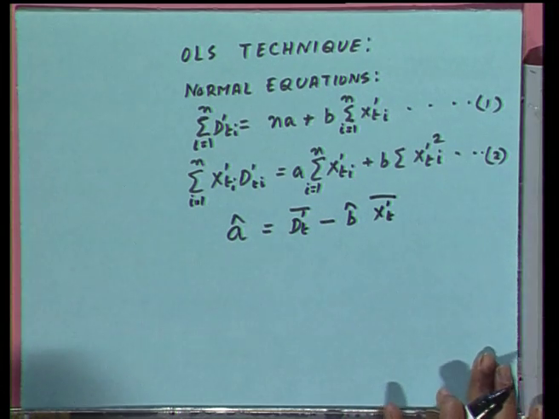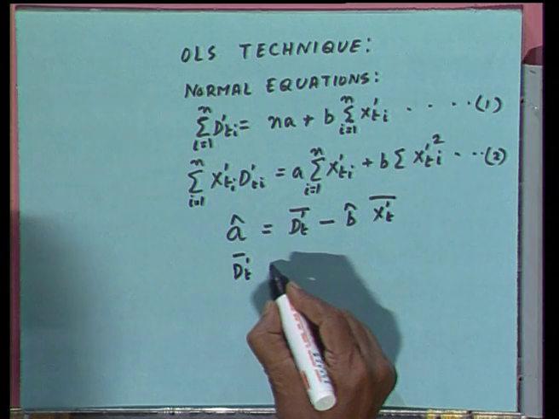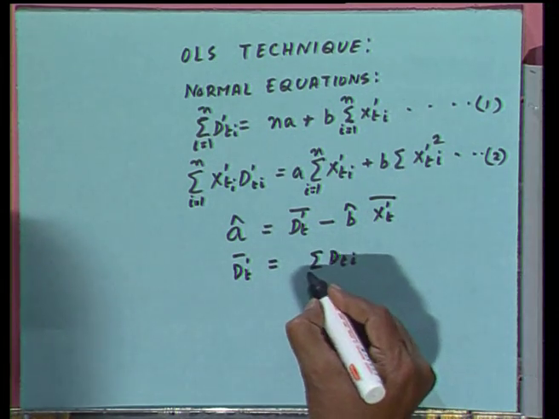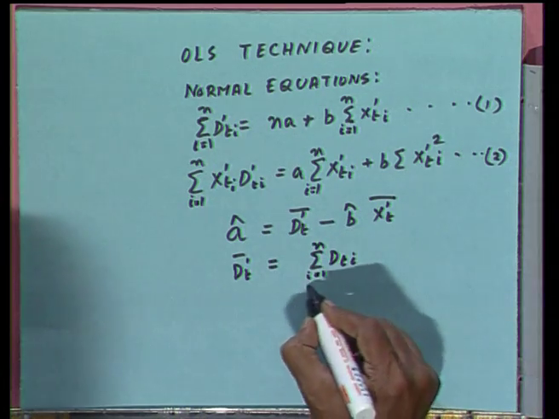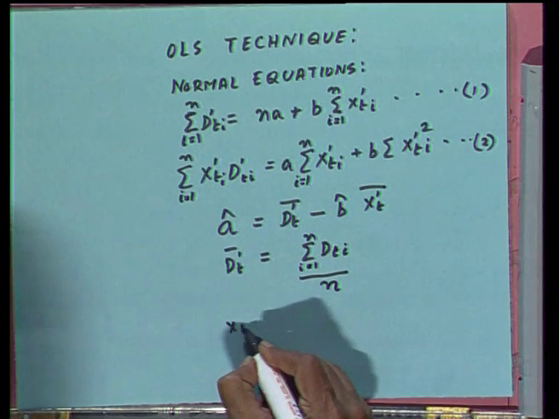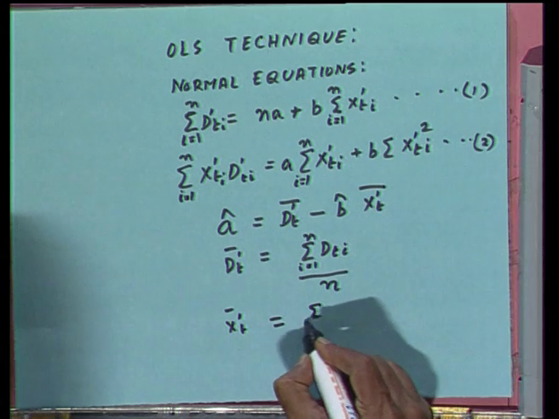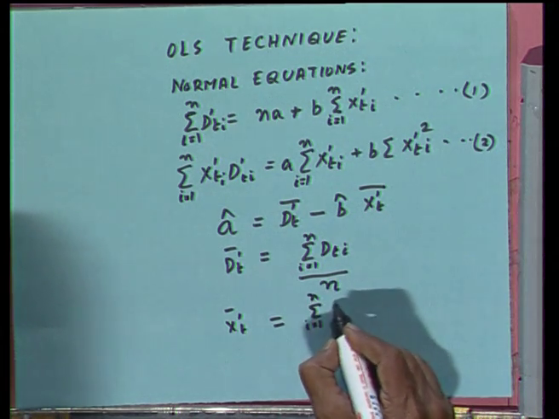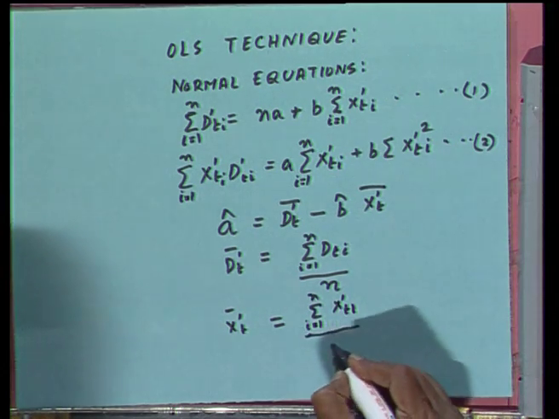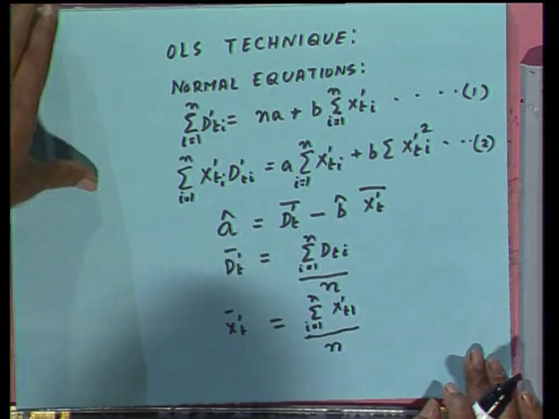Again similarly as in the case of consumer products, dt prime bar is the mean of all the values of dt, i going from 1 to n divided by n, and xt prime bar is equal to sigma i going from 1 to n xti prime divided by n. So this is the value of A hat.